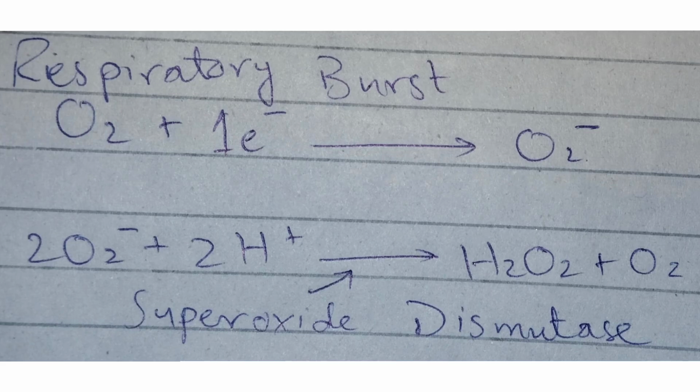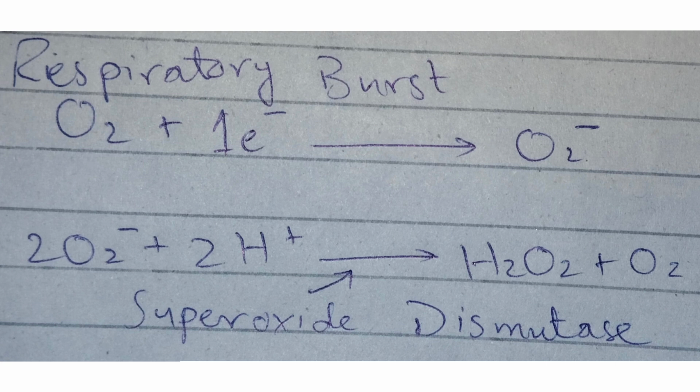So you can visualize these reactions. In the first reaction, molecular oxygen is reduced by an electron to form the superoxide radical. This superoxide radical is a weak bactericidal agent. In the next step, the enzyme superoxide dismutase catalyzes the formation of hydrogen peroxide from two superoxide radicals.